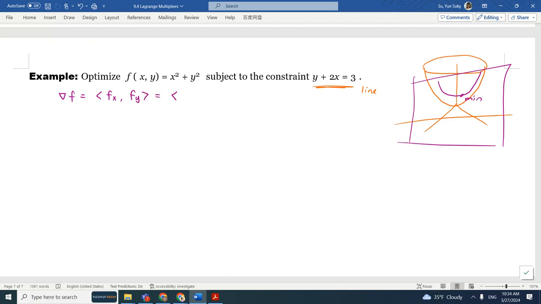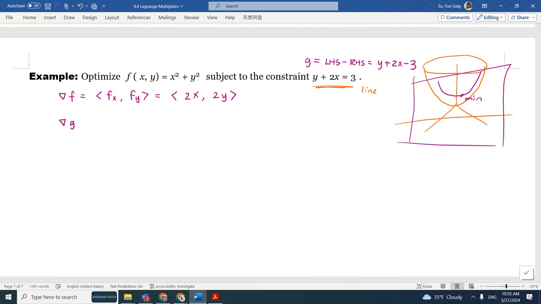What's the derivative with respect to x? 2x. Yes, everybody? What's the derivative with respect to y? 2y. Okay, good. And now g. We define g to be the left-hand side minus the right-hand side. So I would put y plus 2x minus 3. Is that okay, everybody?